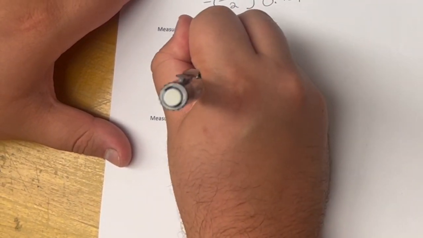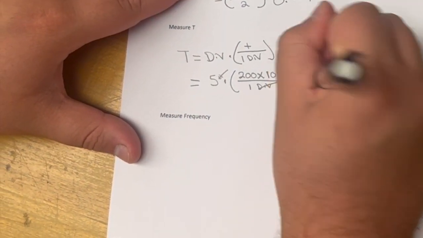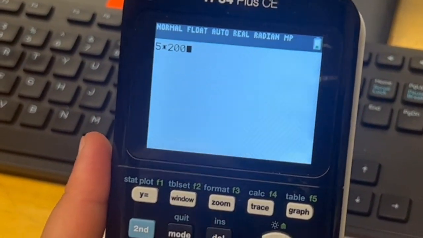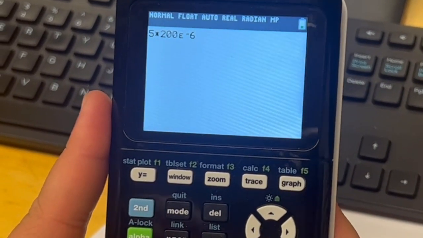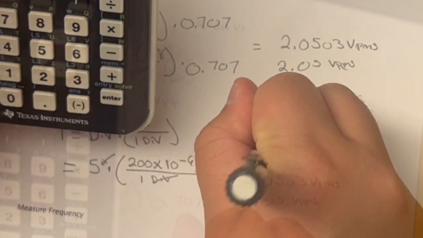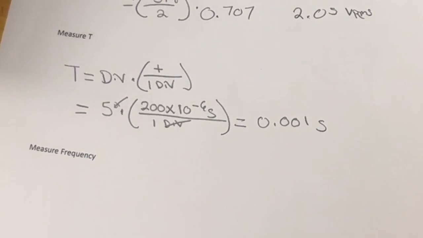With the divots, we cancel out that unit of measurement. Now we plug this into our calculator: 5 times 200 E to the negative 6 equals 0.001 seconds.